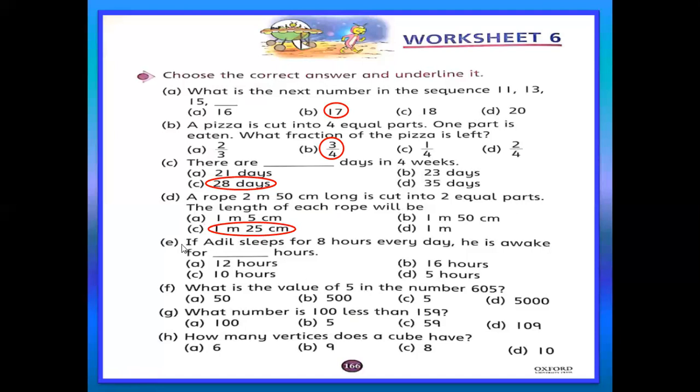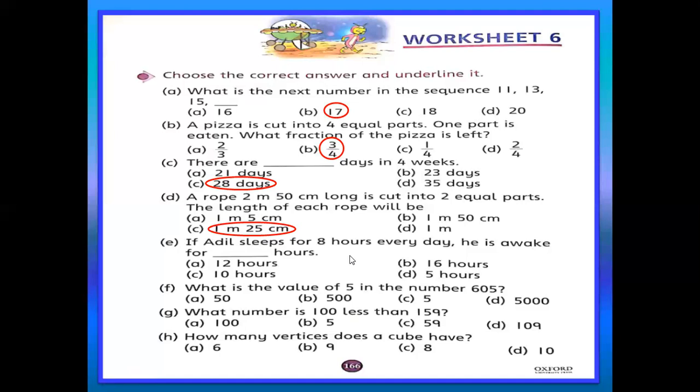E part. If Adil sleeps for 8 hours every day, he is awake for dash hours. Adil sleeps 8 hours daily.